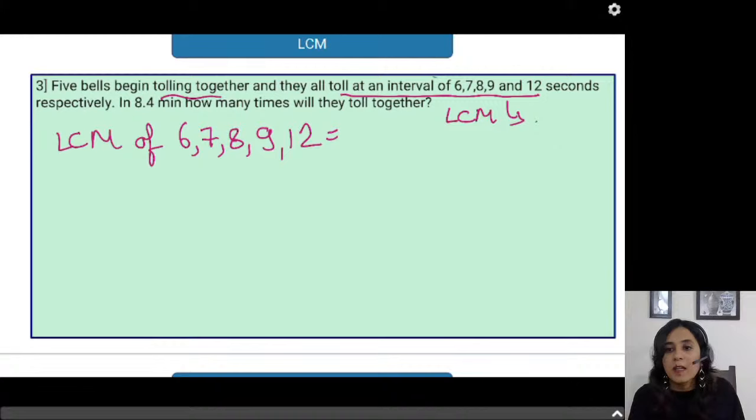So, in order to confirm that you have understood the concept of LCM at least, please tell me the LCM of 6, 7, 8, 9, and 12. Once I get 2, 3 answers, I will go ahead with the solution to this problem.